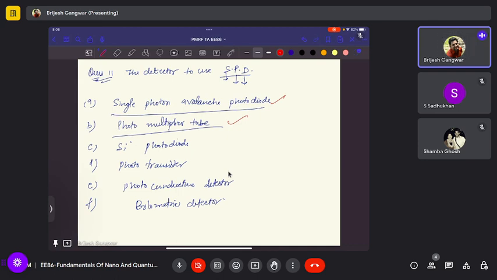In the SPAD, it comes under the family of avalanche diodes only. The difference is that this SPAD is based around a semiconductor PN junction. What is the meaning of semiconductor PN junction? One side is P type, another side is N type.